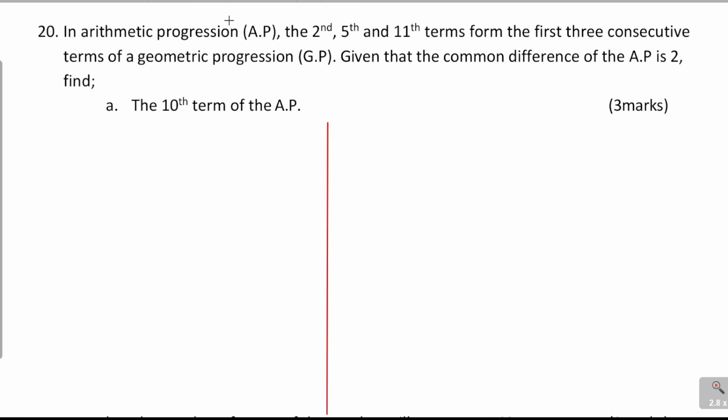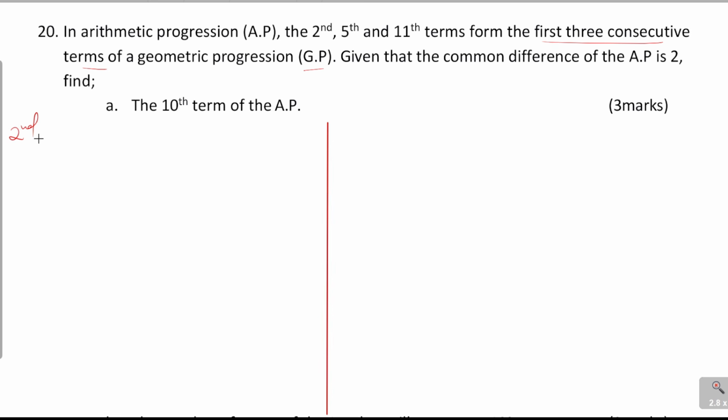So you have the second, the fifth, and the 11th terms of the AP forming the first 3 consecutive terms of a GP. So the first thing, we shall write the second, fifth, and the 11th terms of an AP. So start with the second.